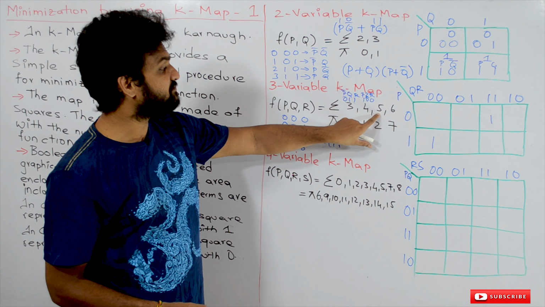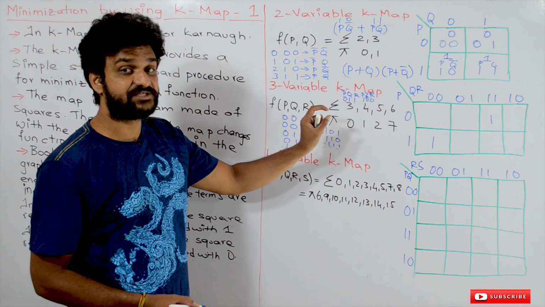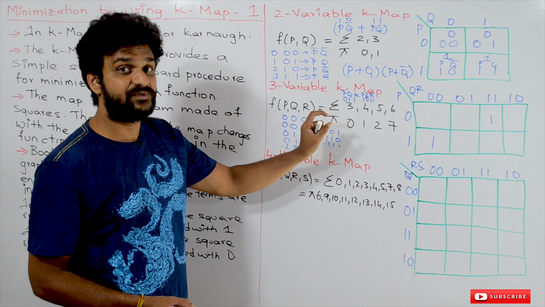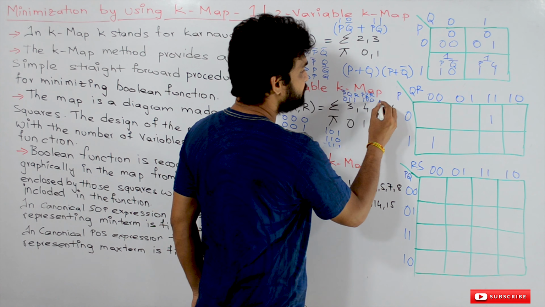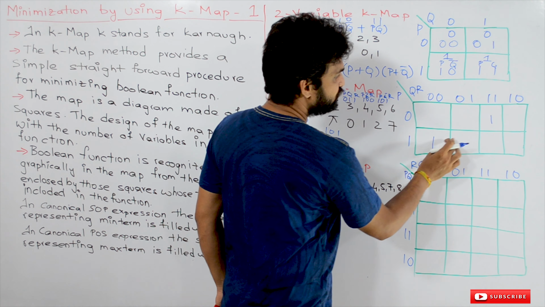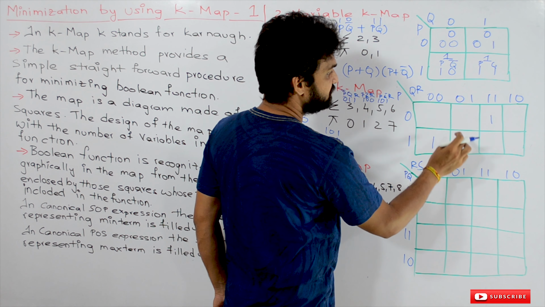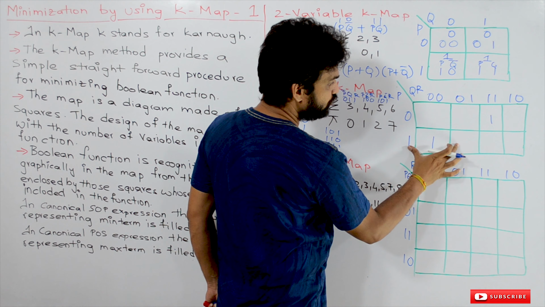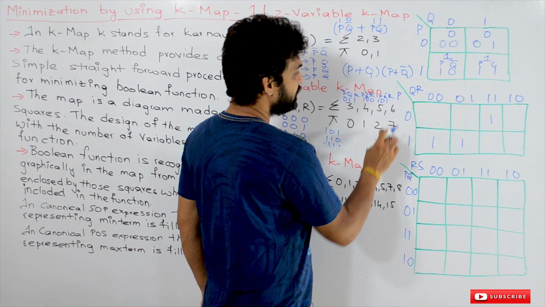Similarly, the next term is 5. Each and every min term has to be represented in the K-map. 5, how is it represented? 1 0 1, which is P Q bar R. P is 1, Q bar means 0, R means 1. So P Q bar R, it is 1. 5 is represented here.